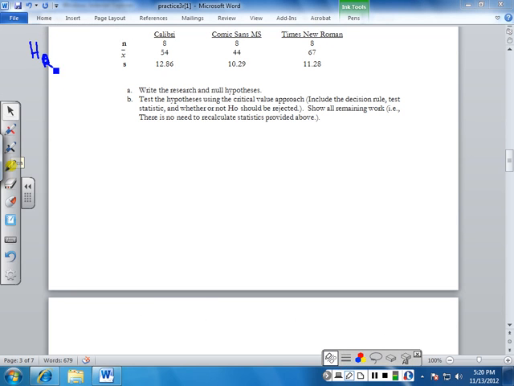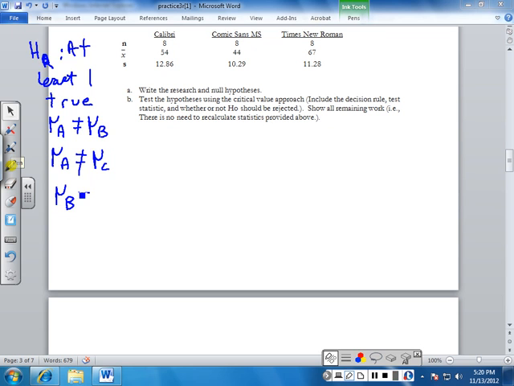So at least one of the following is true: mu A not equal to mu B, mu A not equal to mu C, mu B not equal to mu C.